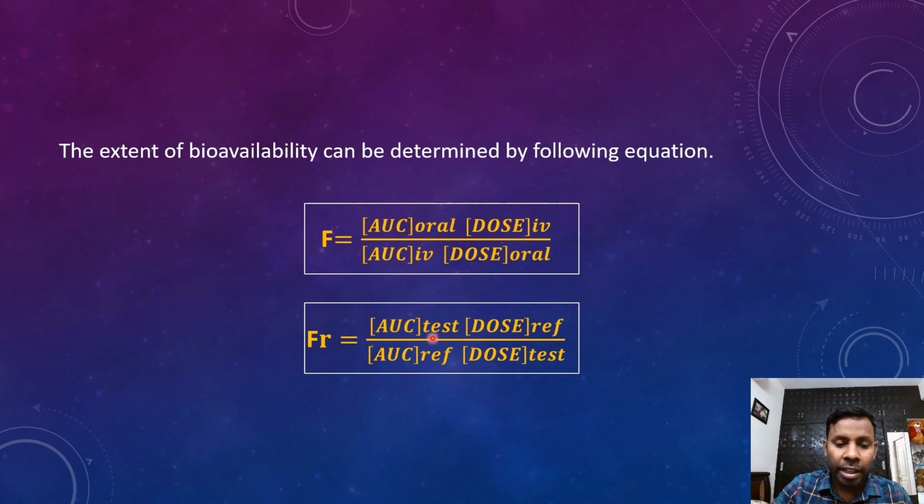So AUC of test into dose of reference divided by AUC of reference into dose of test gives Fr, or relative bioavailability. So there are two formulas, one for absolute and one for relative bioavailability.